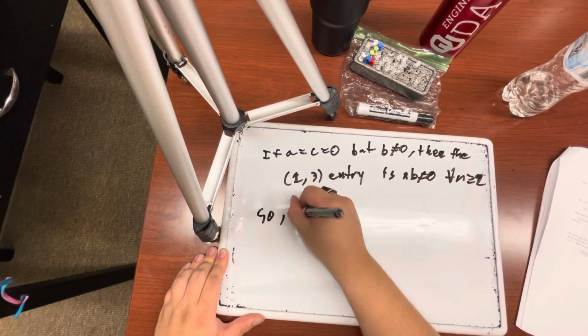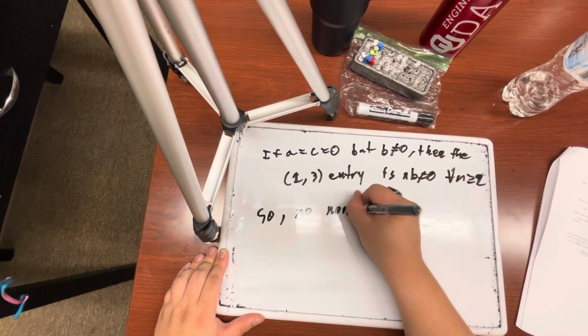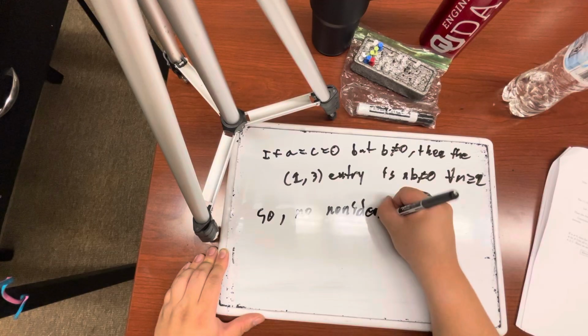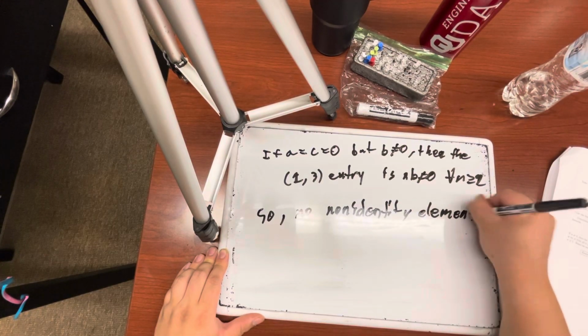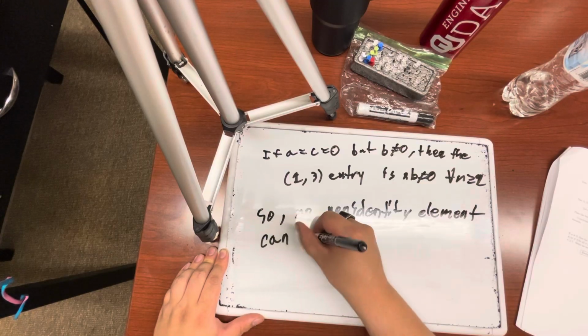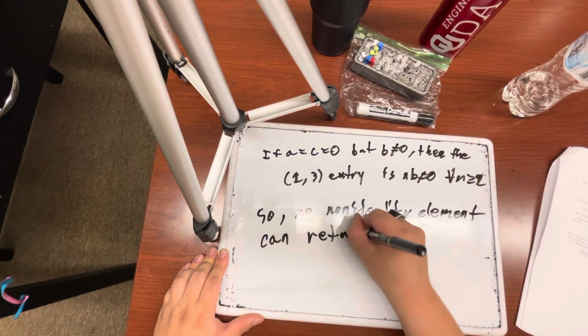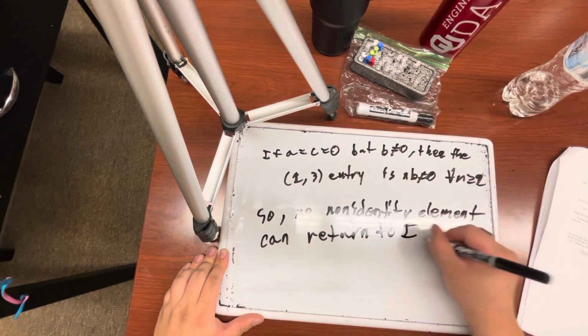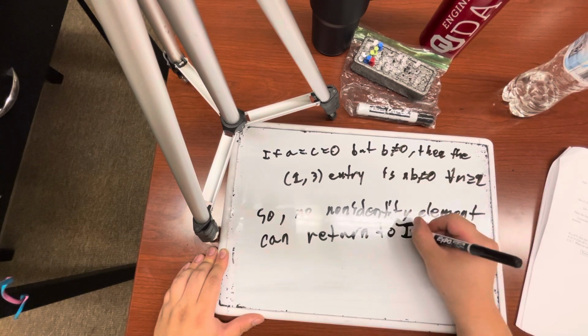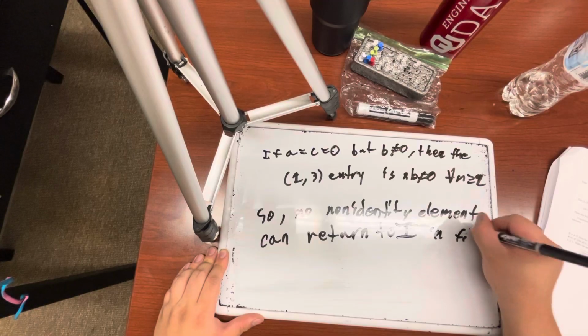So no non-identity element can return to the identity element in finitely many steps.